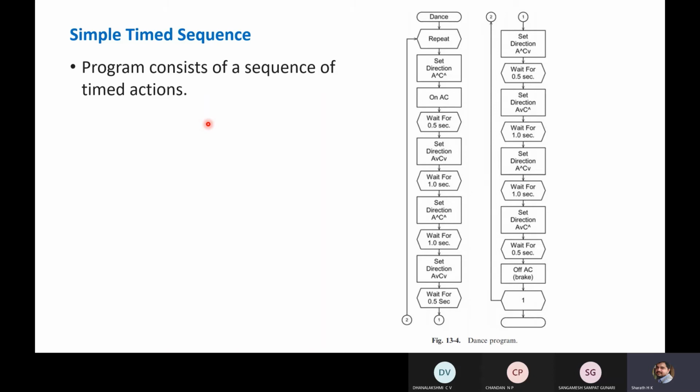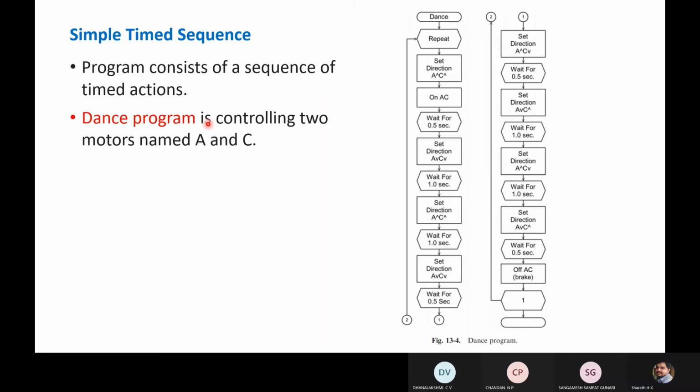Like that you can do programming. One example is the dance program. Here the movement of the robot is controlled in such a manner that it looks like the robot is performing some dance. That's why it is called the dance program.